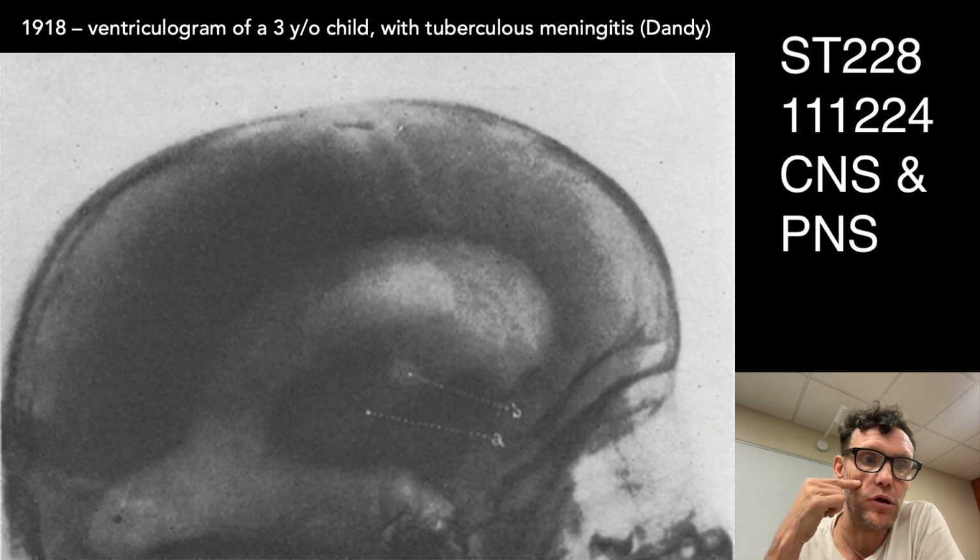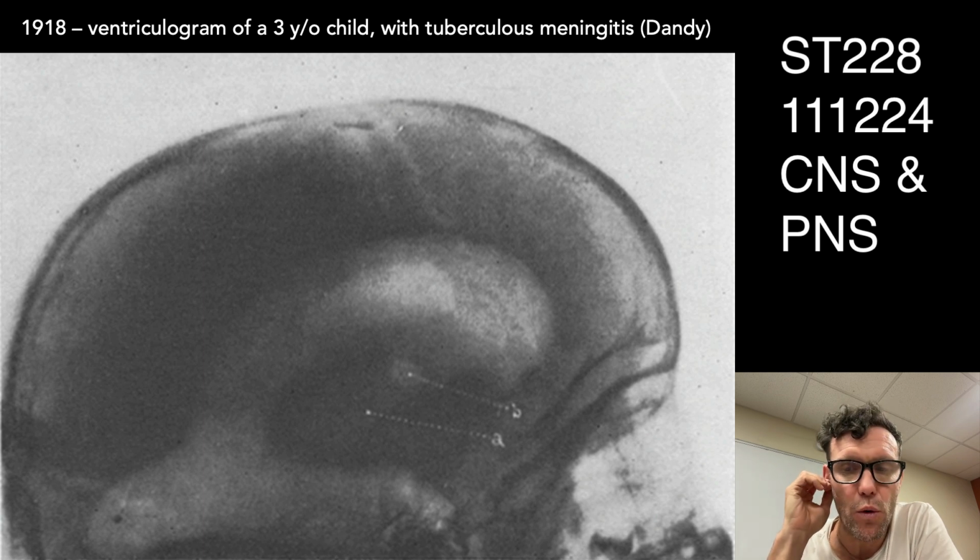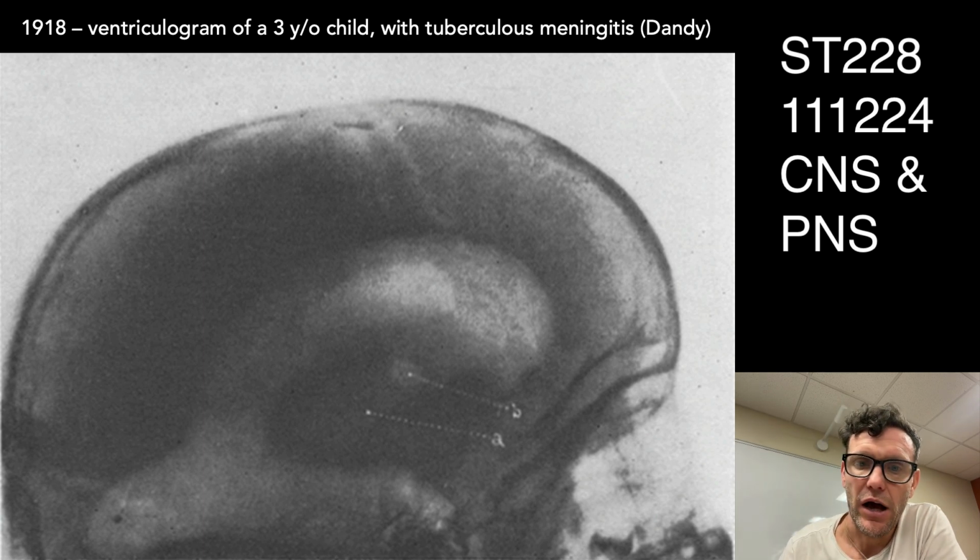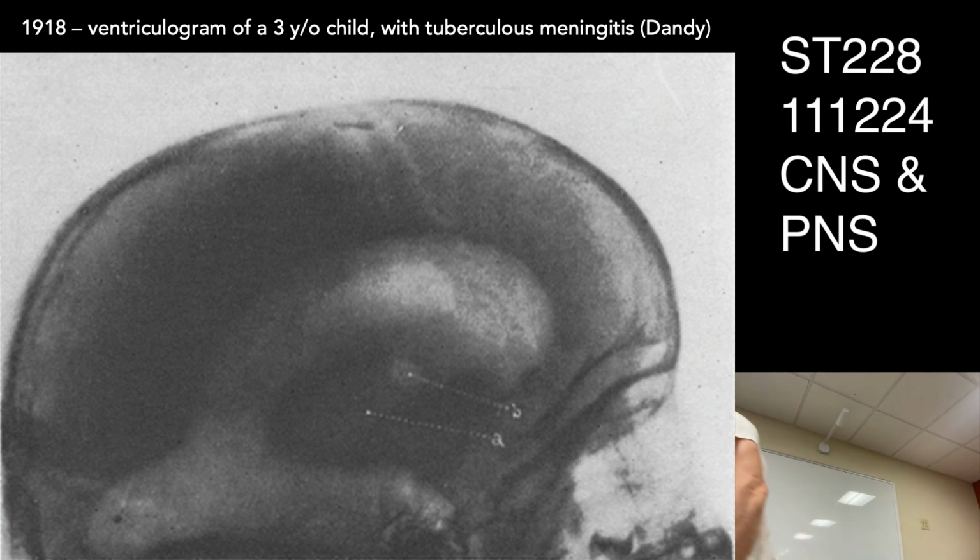So here's an example of a ventriculogram of a 3-year-old child that has meningitis, or an inflammation of the brain that's causing a distension of the ventricles. So, woo, buddy, you see how big those bad boys are?